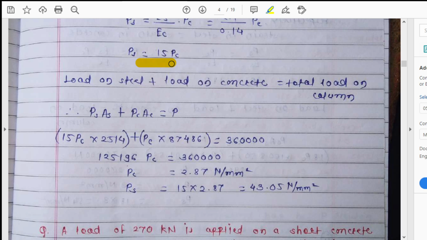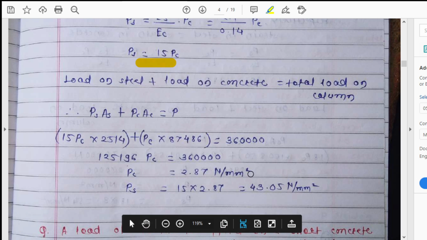From this, the second step is load on steel plus load on concrete equals the total load on the column. The load on steel can be calculated as PS into AS, that is stress into area, plus stress into area of concrete equals the total load on the column.